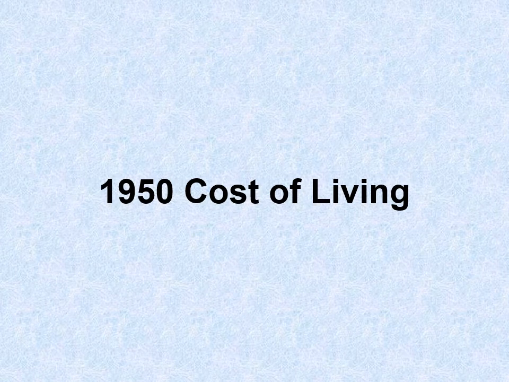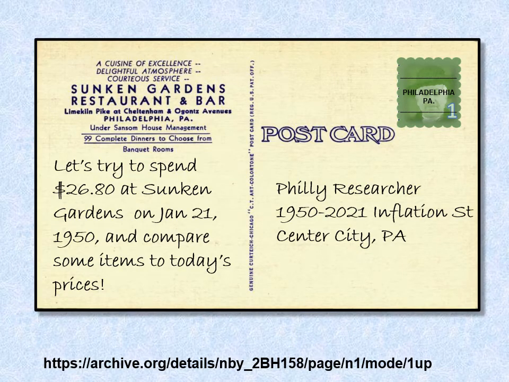I was curious about that cost of living. Exactly what does that mean in terms of 2021? And so I thought it would be fun to try and spend $26.80 at Sunken Gardens on January 21st, 1950, which is in Philadelphia, and compare some of the items to today's prices.